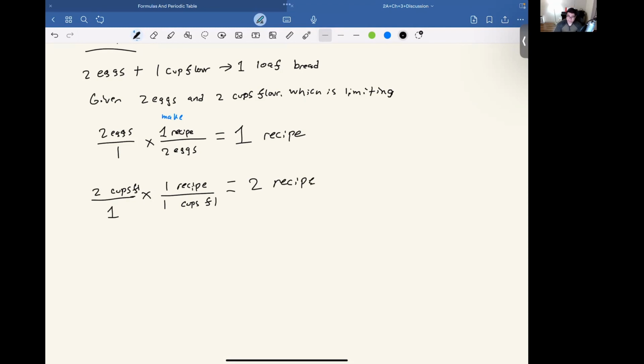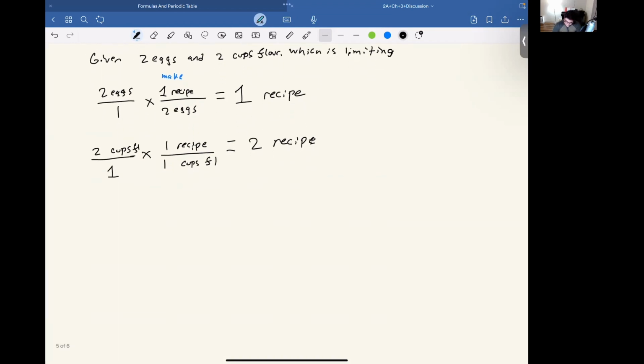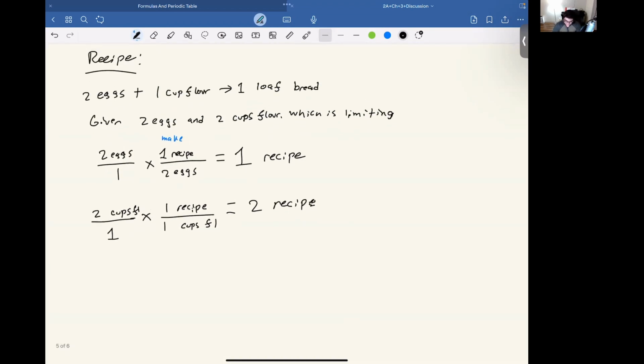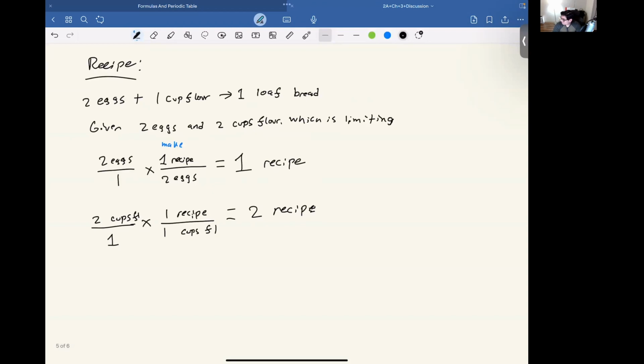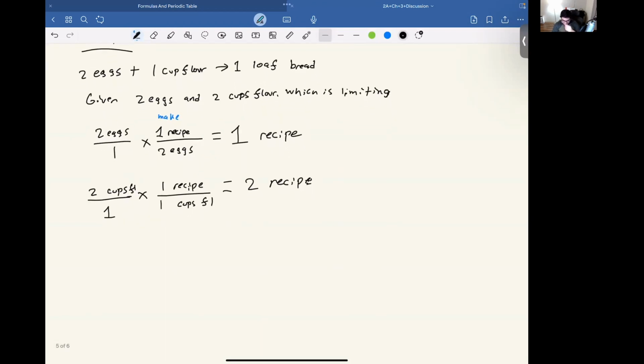And then what you're doing is you're choosing the one that you get to make fewer recipes with. That is the one that is limiting, right? You get to make the recipe once with your eggs. You get to make it twice with your flour. Obviously, you can't pull eggs out of thin air. So you get to make the recipe once, right? So the eggs are the limiting ingredient. Or in our case, we'll be using limiting reactants, right?